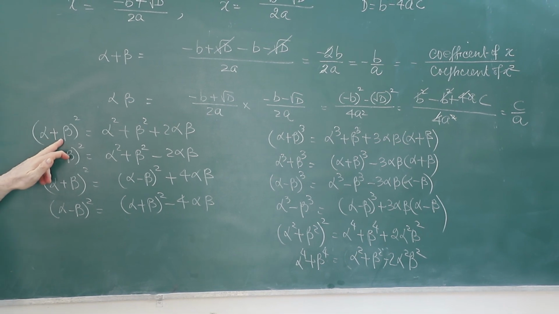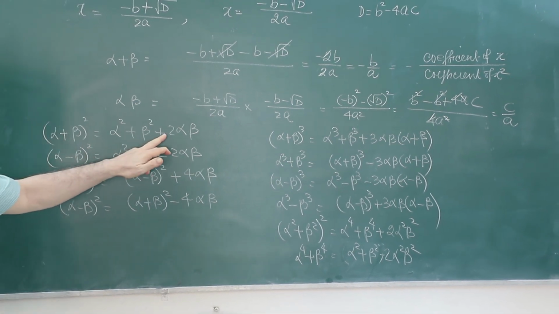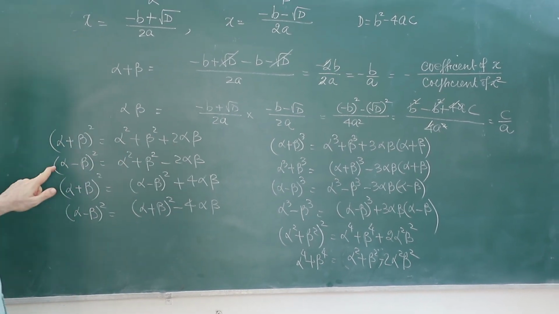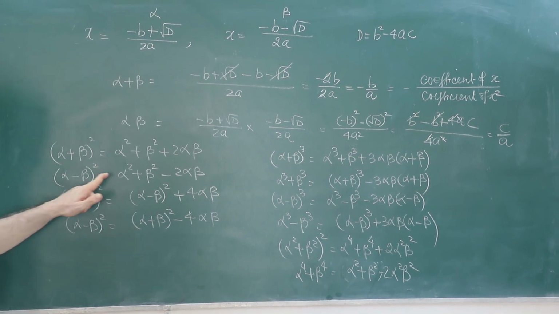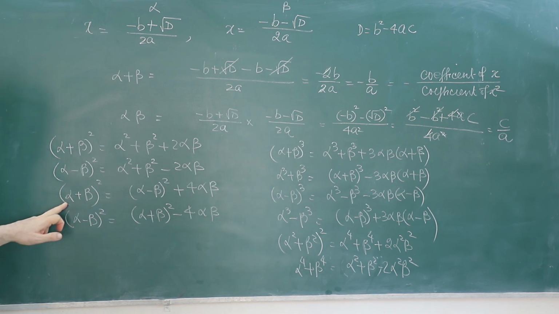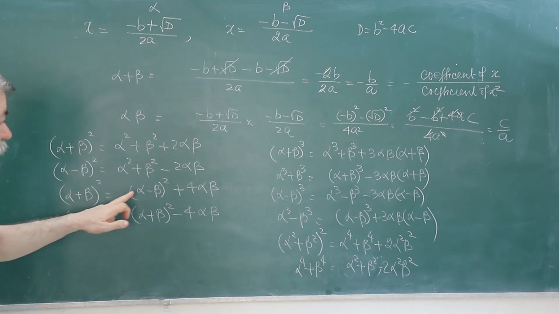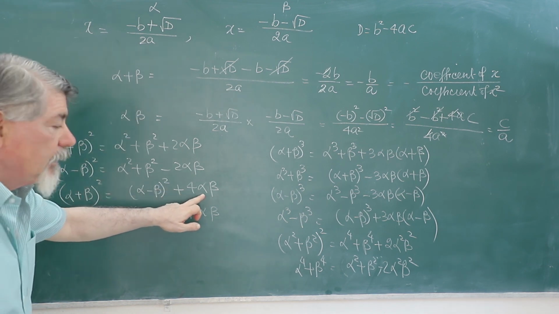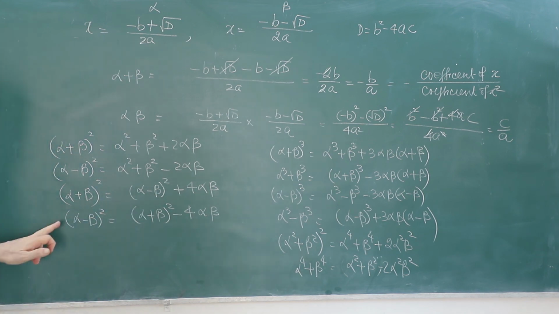Alpha plus beta whole square is alpha square plus beta square plus 2 alpha beta. Alpha minus beta whole square is alpha square plus beta square minus 2 alpha beta. Alpha plus beta whole square is equal to alpha minus beta whole square plus 4 alpha beta.